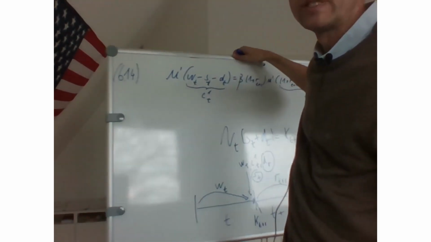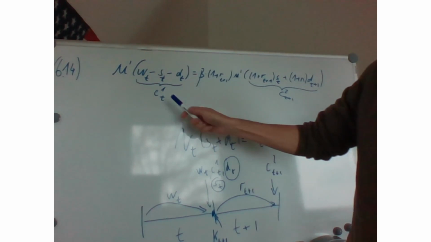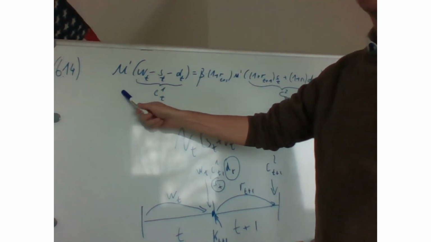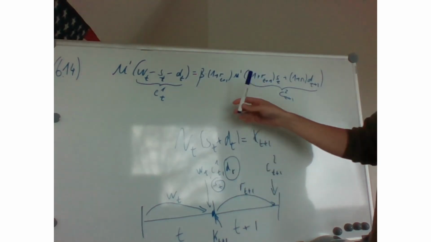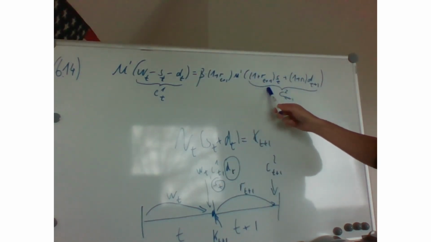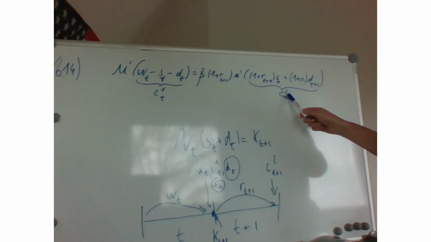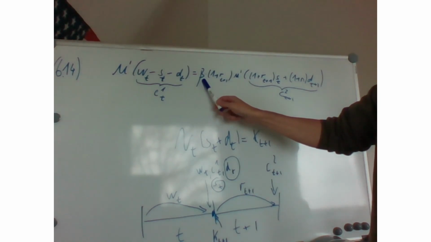Okay, so hope you can see, or rather the whiteboard here. Here we have marginal utility at young age in period t equal to marginal utility in period t+1 from consumption c_{2t+1}, discounted by factor beta.